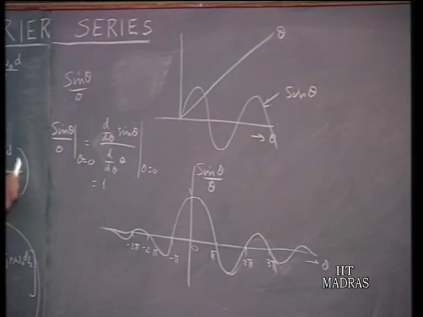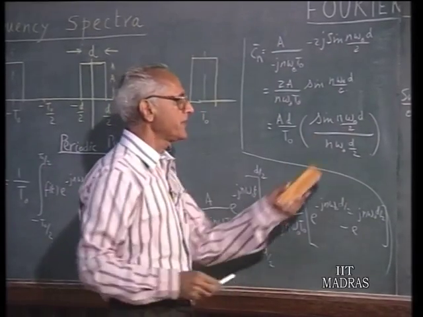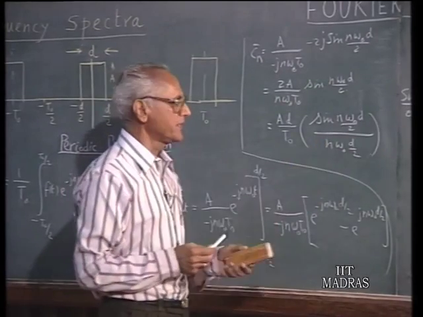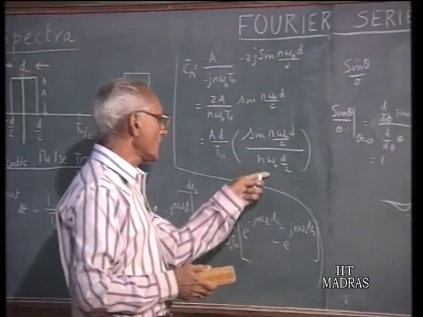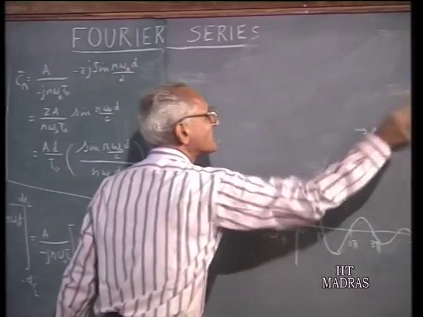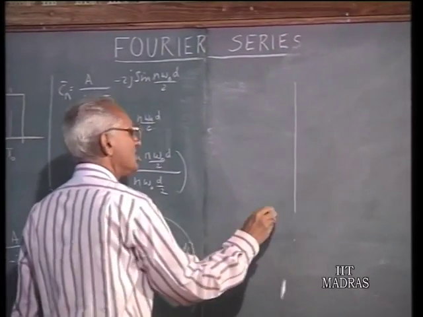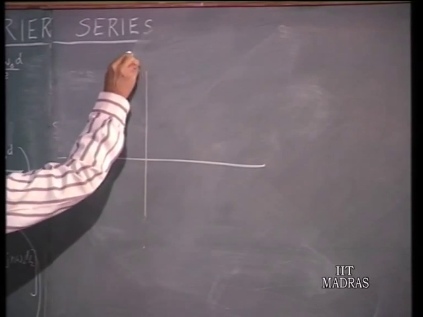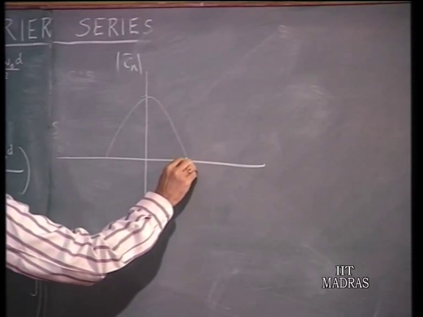So, this is the type of function that we have got. However, we do not have continuous variation of theta. We are interested in finding out the values of this at specific values of theta, which are given by integral values of m. So, consequently, the spectrum of this magnitude would have an envelope like this, because we are considering only the magnitude.